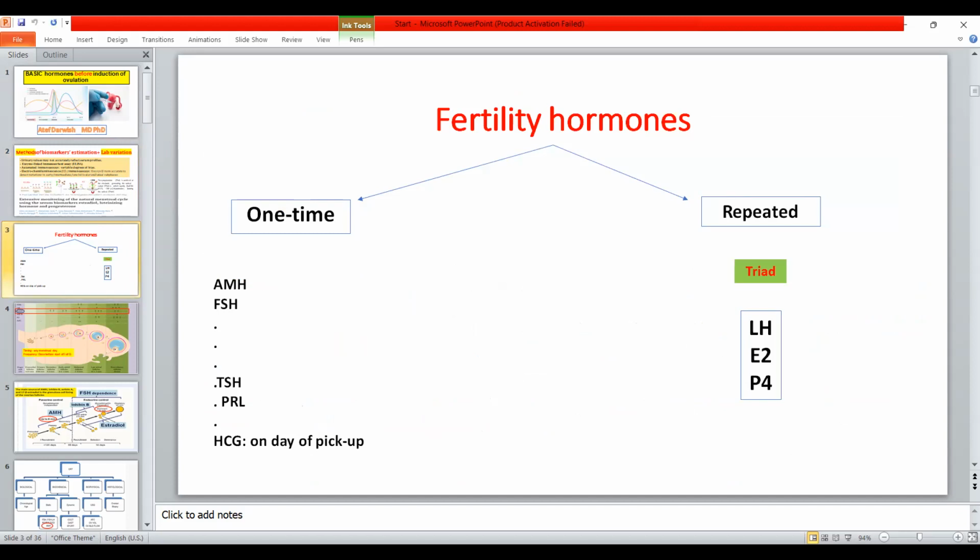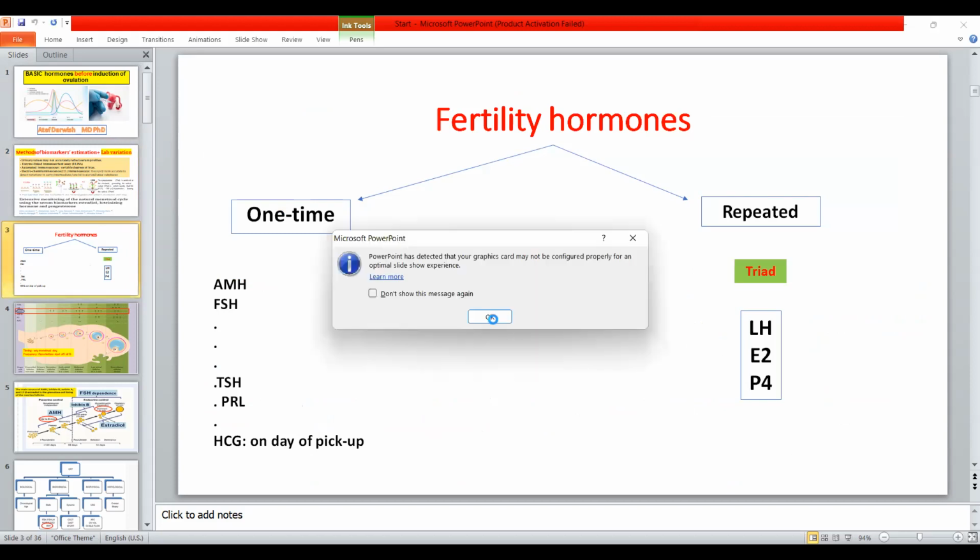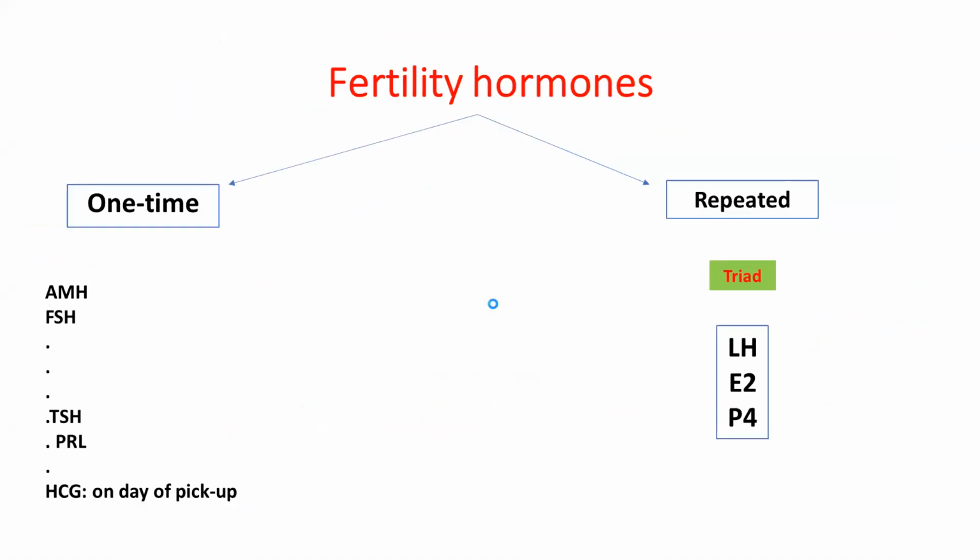We can summarize fertility hormones requested for infertile patients into two groups. The hormones that are requested one time during the course of induction of ovulation or during the course of assisted reproduction, and repeated hormones. So you have to categorize them in your mind that some hormones I'll request only one time, mainly the hormones of the ovarian reserve, which are AMH and FSH.